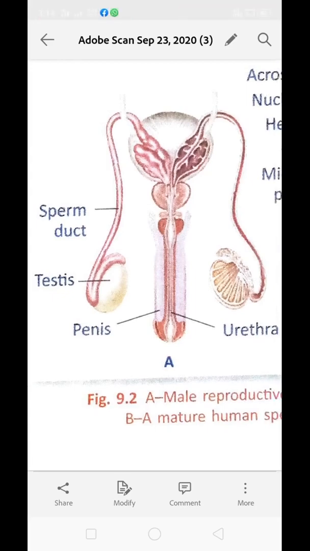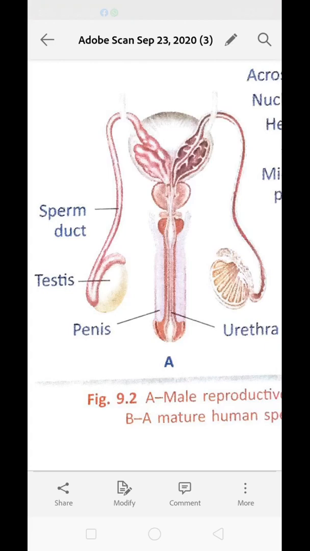Both of them appear similar, but in this diagram we have one testis which is closed, whereas the second testis has been opened for you to see the inside structure. Clear? It means both of the testes are similar in appearance. The male in the case of humans has two testes, or one pair of testes.